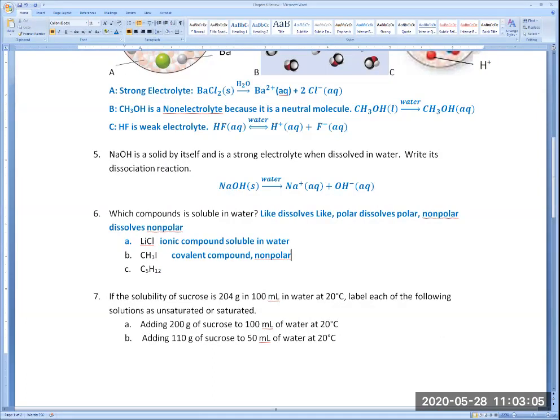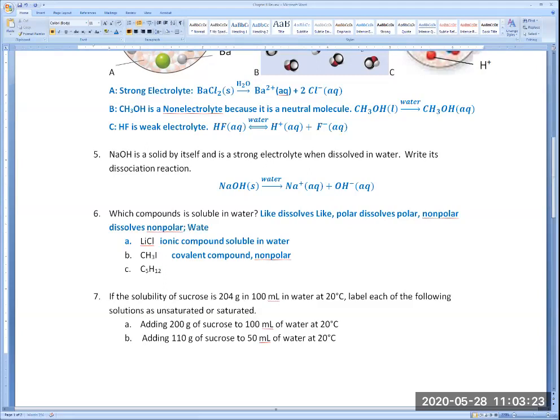So what you have to ask yourself is, is water polar? So you know that water is polar, right? Let me write this here.